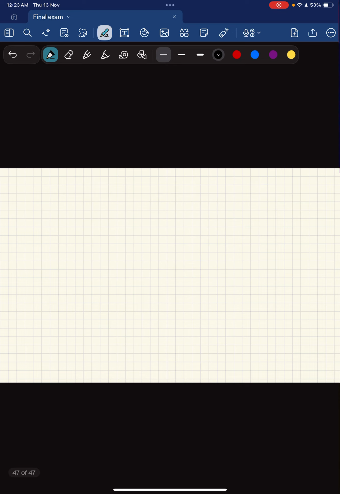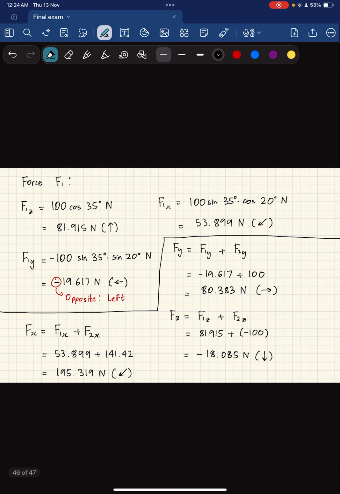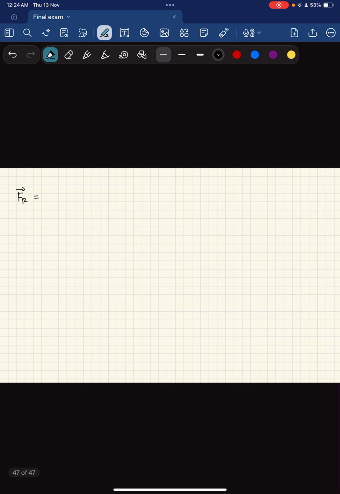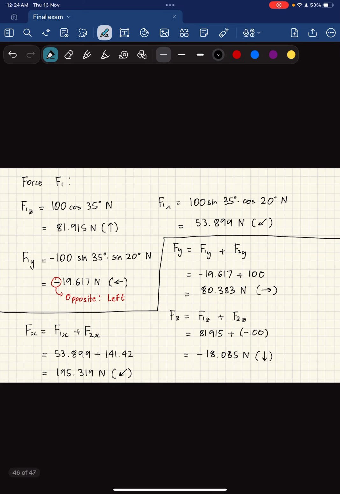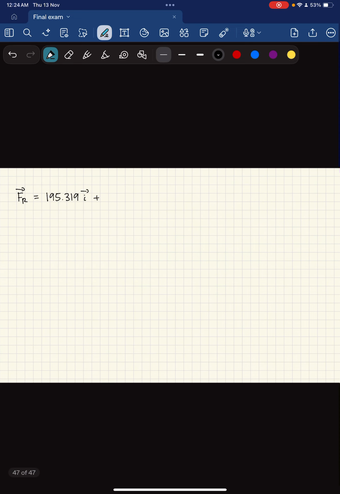The resulting vector Fr is equivalent to 195.319 i plus 80.383 j minus 18.085 k. So that is your resultant vector.